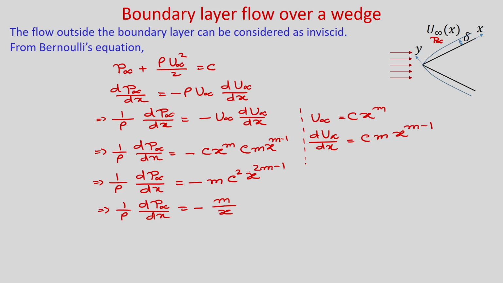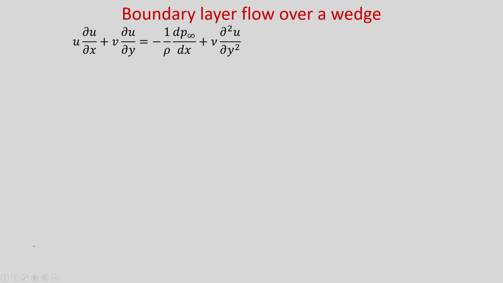So, it will become x to the power 2m, that means we will get c x to the power m square. That means 1 by rho dp infinity by dx we will get as minus m u infinity square by x.